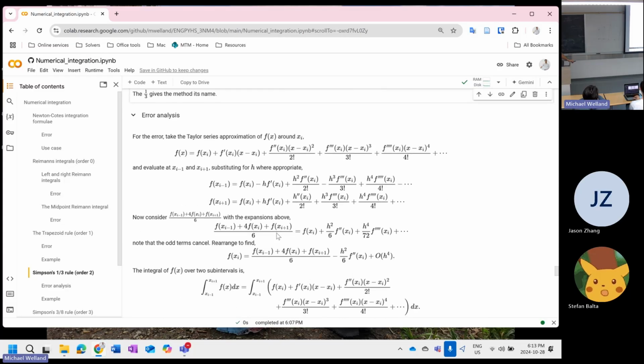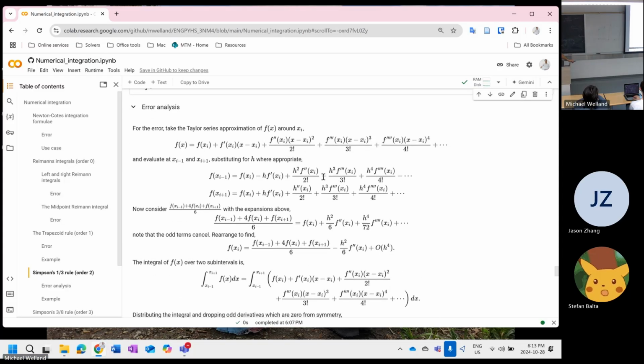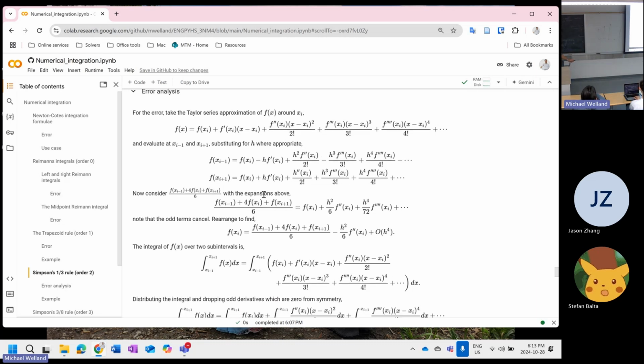When you look at the analysis, first of all, you need to do the Taylor expansion now in 3 places: the middle point here, here, and down here. I'm going to try and get through this so that we don't need to come back to it on Wednesday. And then you kind of smack it together.